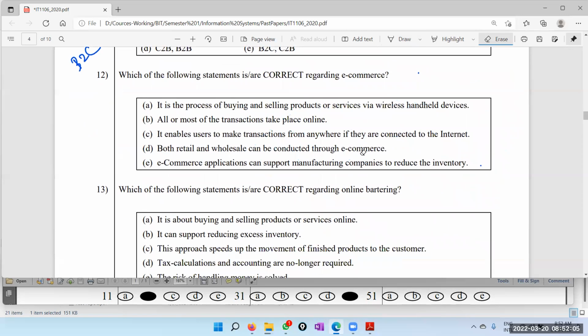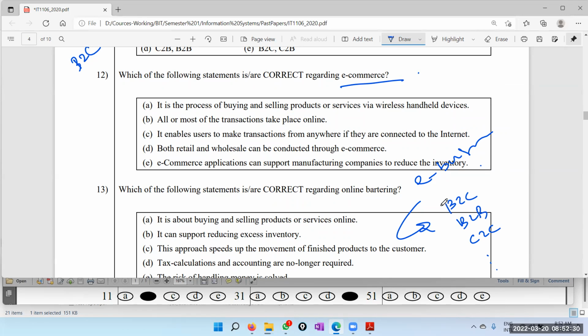Which of the following statements is correct regarding e-commerce? Now remember, we discussed a few terms. We discussed business, then e-business. E-business can be B2C, B2B, C2C, right? And so many, even C2B.